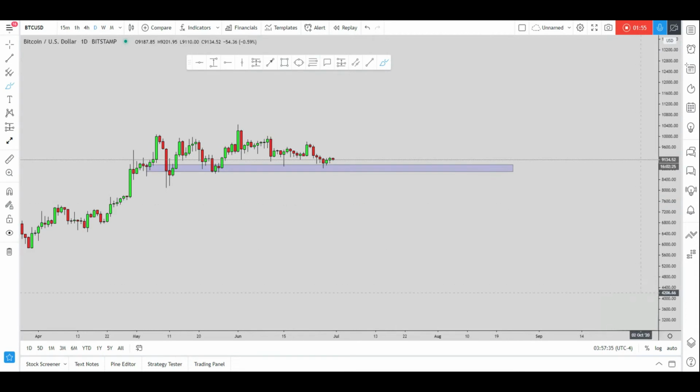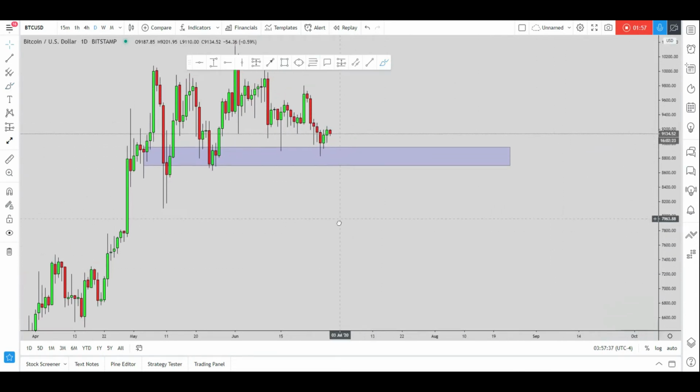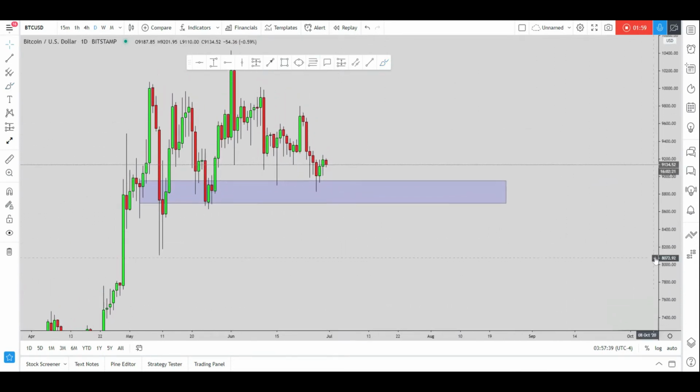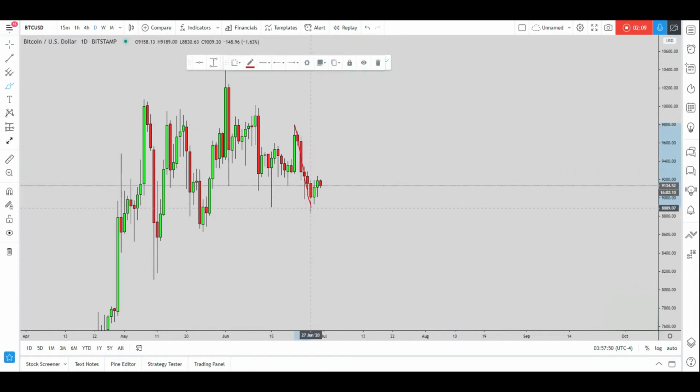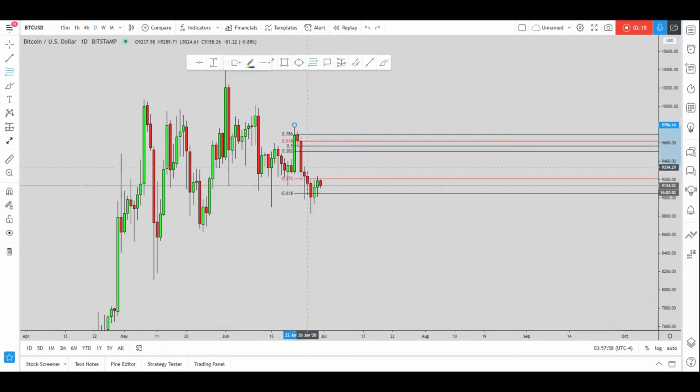Let's go down to the daily and see what kind of situation we currently have from a daily perspective. On the daily, we can see that the market from a pattern perspective has created a strong impulse to the downside, followed by this minor retracement. Now, if we are to measure this retracement, what are we supposed to be doing?